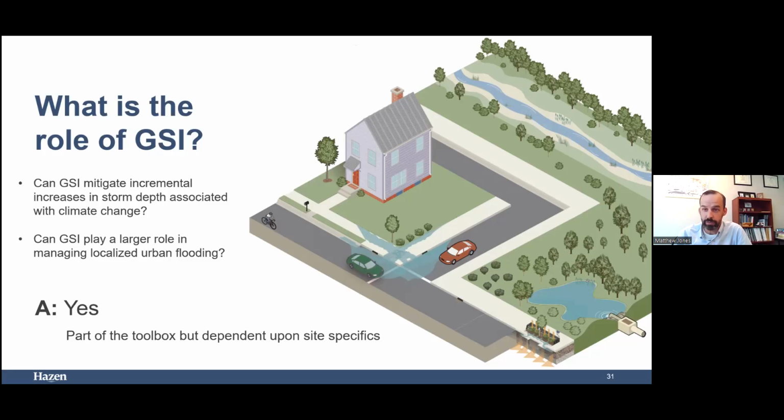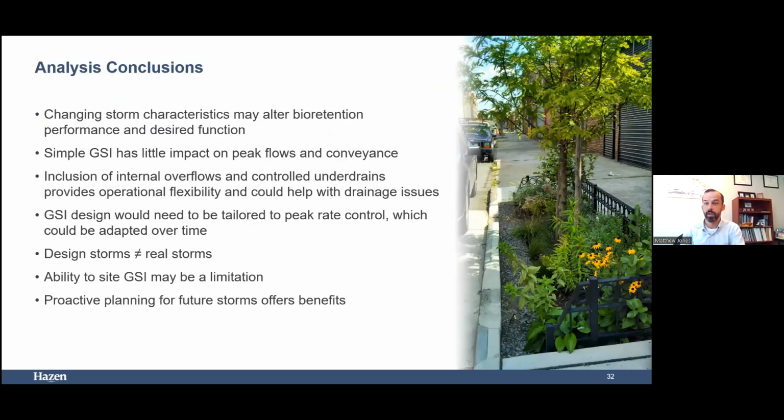Generally, we would characterize it that green infrastructure can be part of the toolbox, but its use and its benefit is going to be heavily dependent upon site specifics, and often paired with more conventional means of providing drainage relief. So, some conclusions here.